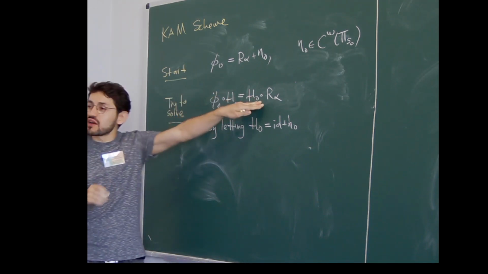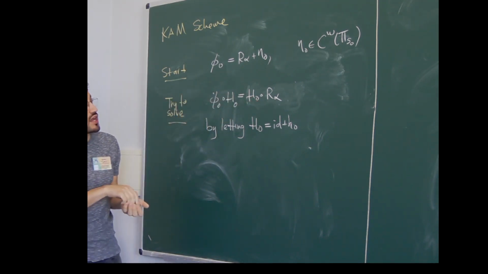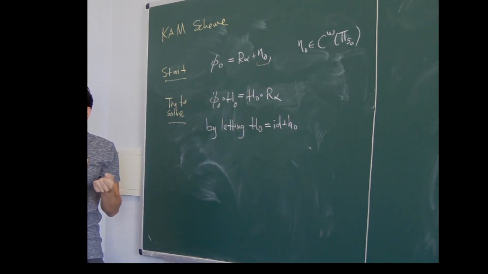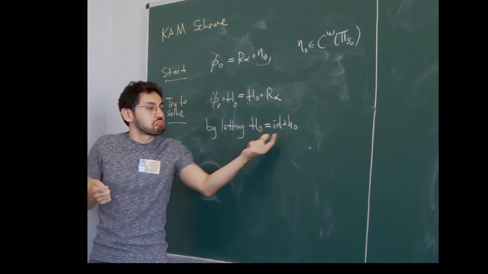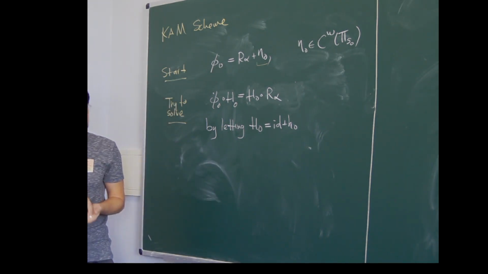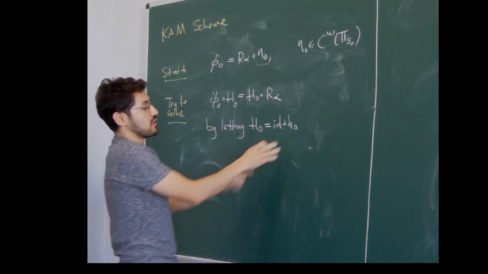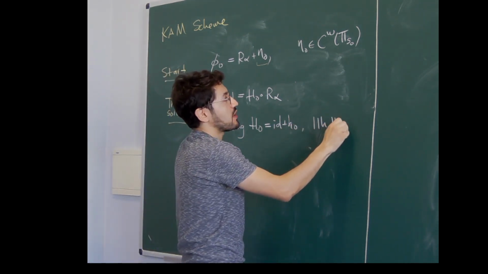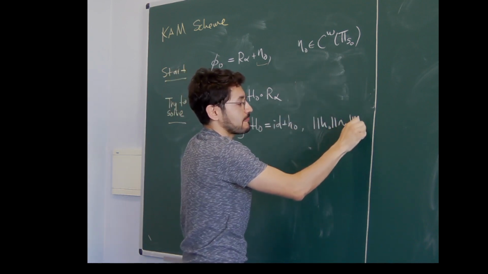So I'm trying to conjugate back to the rotation. And I'm perturbing by something that I'm thinking of as being very small. So if I look for a conjugacy that is close to the identity, at least it seems reasonable, so at least we can try. So I will look for something like this, whose norm is at least comparable to the one I started with.